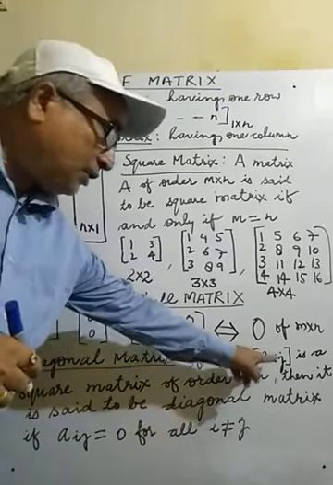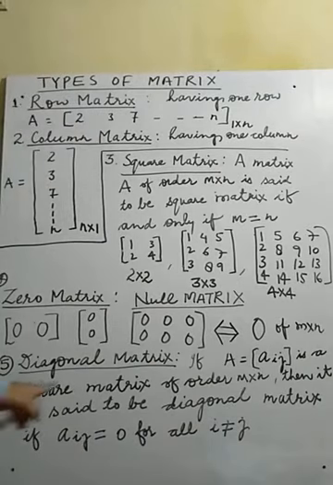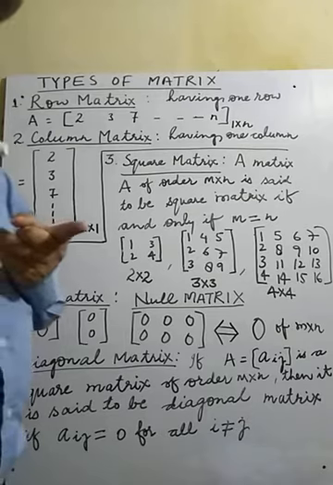The first criterion for a diagonal matrix is that it must be a square matrix. If it is not a square matrix, you cannot determine a diagonal matrix. So for a diagonal matrix, it is compulsory to have a square matrix.